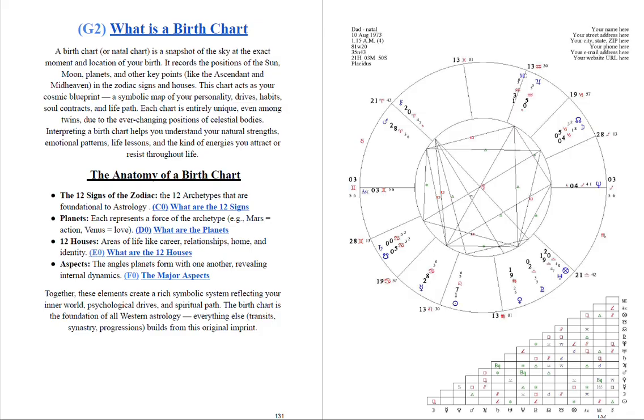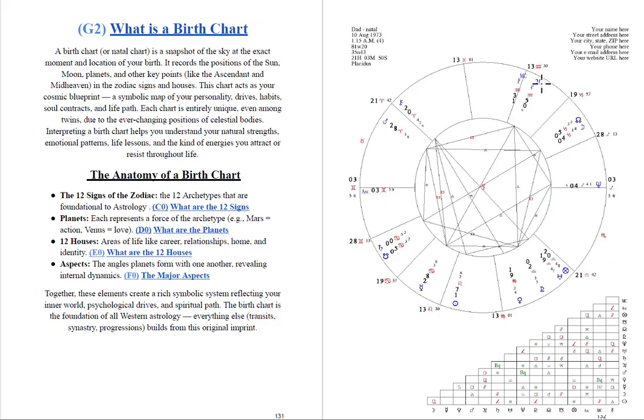Each chart is entirely unique, even amongst twins, due to the ever-changing position of celestial bodies. Interpreting a birth chart helps you understand your natural strengths, emotional patterns, life lessons, and the kind of energies you attract or resist throughout life.